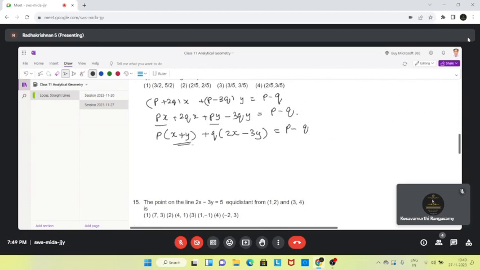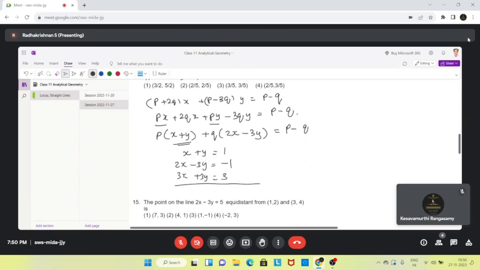So now what you get is x plus y is the coefficient of P. That means x plus y, because on the right hand side the coefficient of P is 1. So x plus y is 1. 2x minus 3y is, same way, minus 1, because the coefficient of Q is minus 1 on the RHS. So we have to simply solve this equation. I'm multiplying the first equation by 3 to get 3x plus 3y equal to 3.